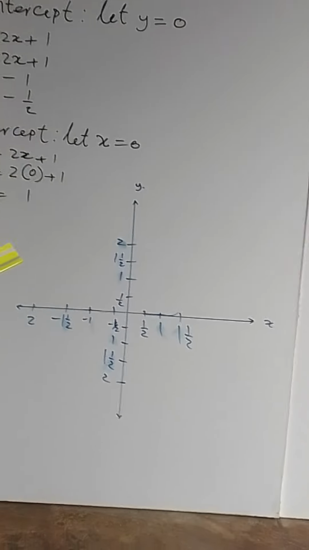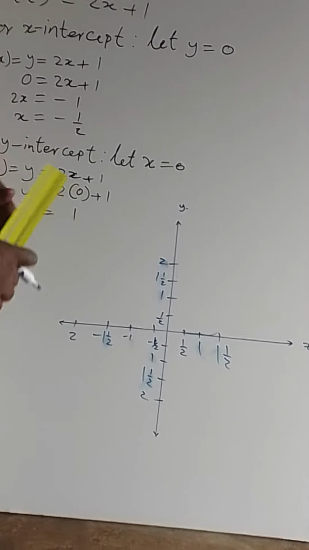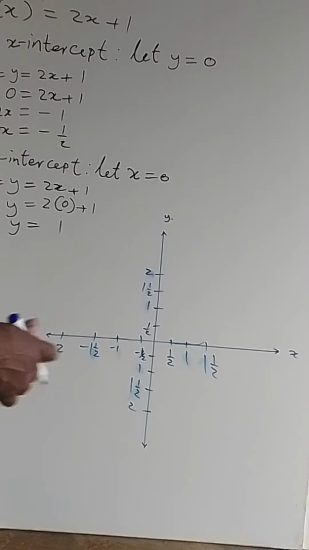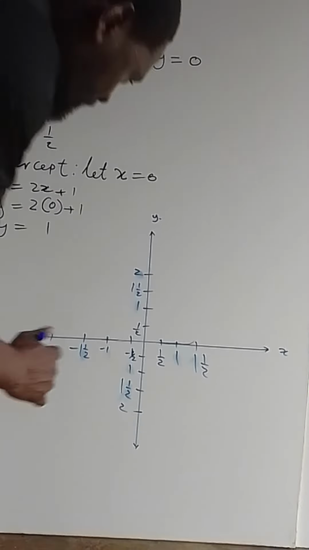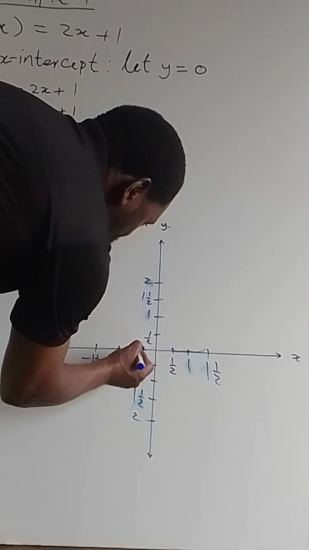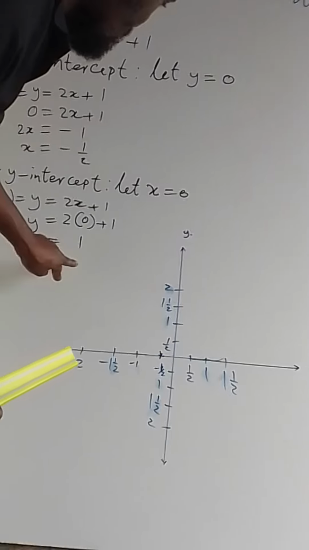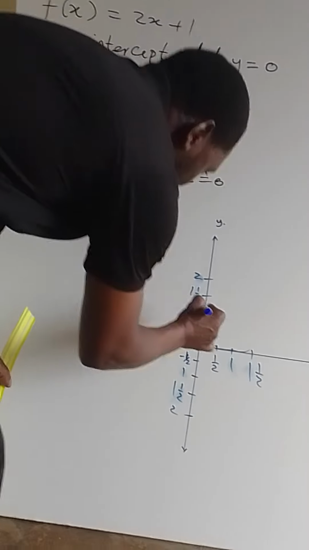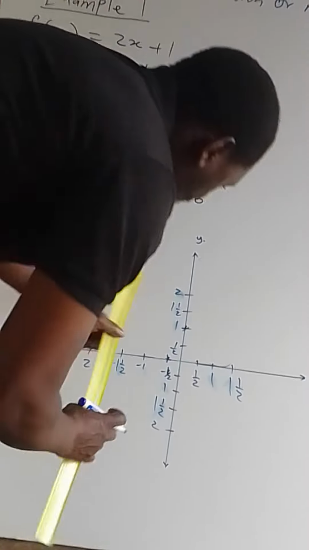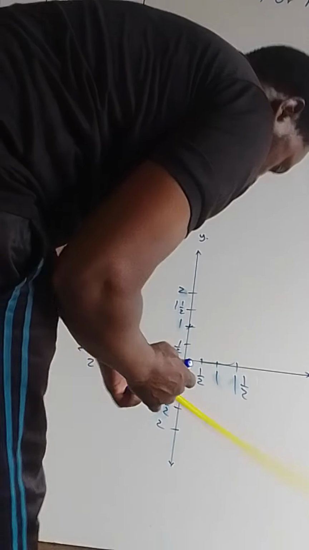We have found that x is equal to -1/2. Here is your minus half, and then your y is 1. So the graph is going to move like this.